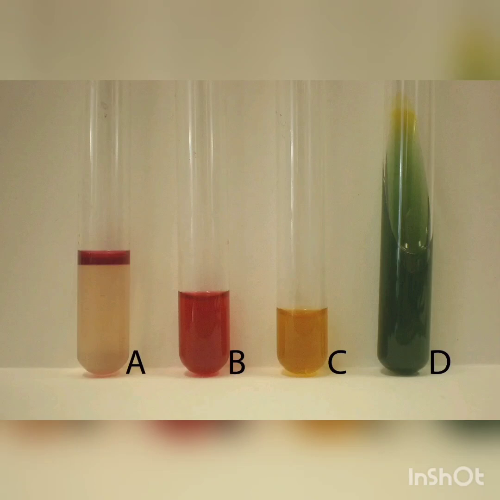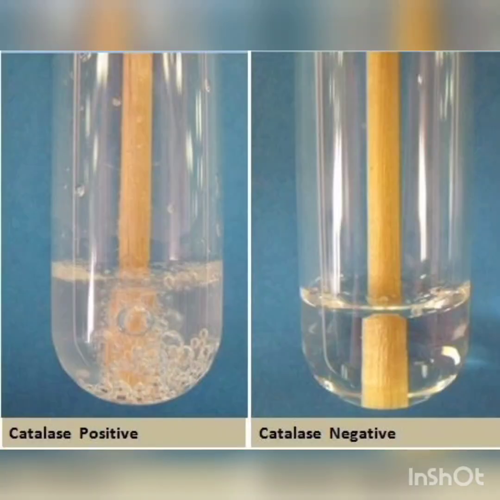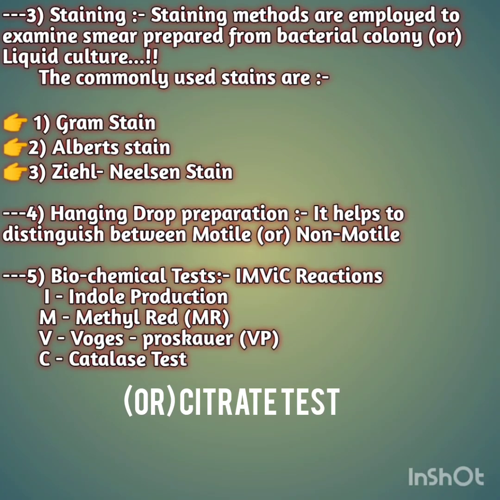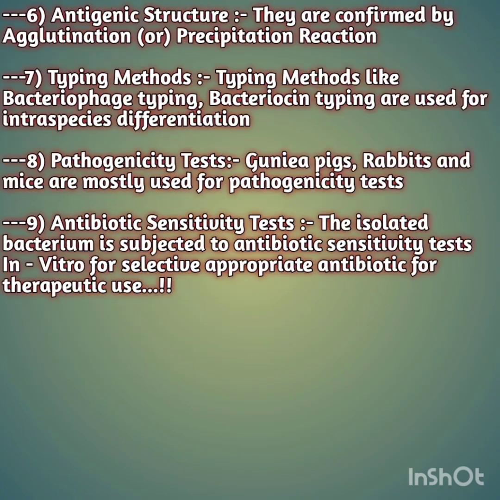As you can see, the small i after V is just added to make it pronounceable as IMViC; we don't have any reaction for that. In IMViC, I stands for indole production, M stands for methyl red, that is MR, V stands for Voges-Proskauer, that is VP, and C is for citrate test. These biochemical tests are also important in the identification of bacteria.